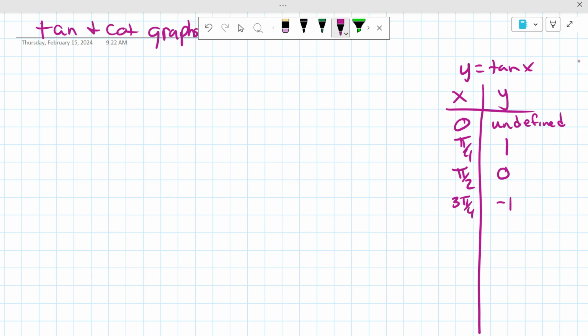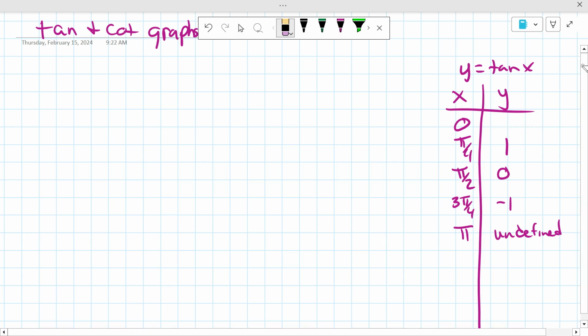And then pi, undefined, because it's 1 divided by 0, right? Or negative 1 divided by 0, right? Or is it 0 divided by 1?